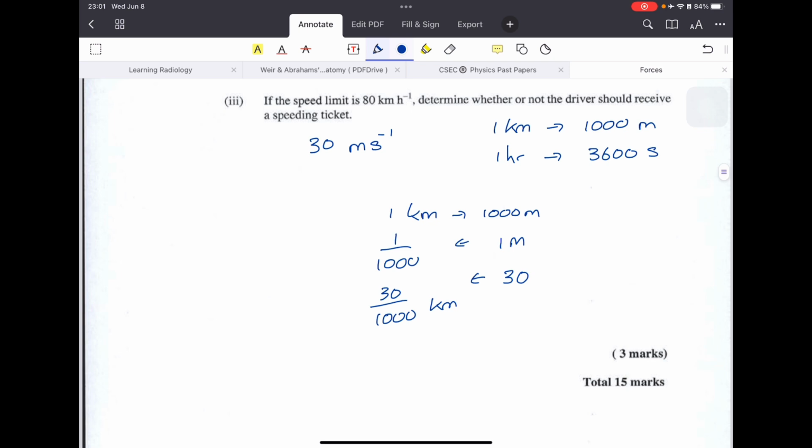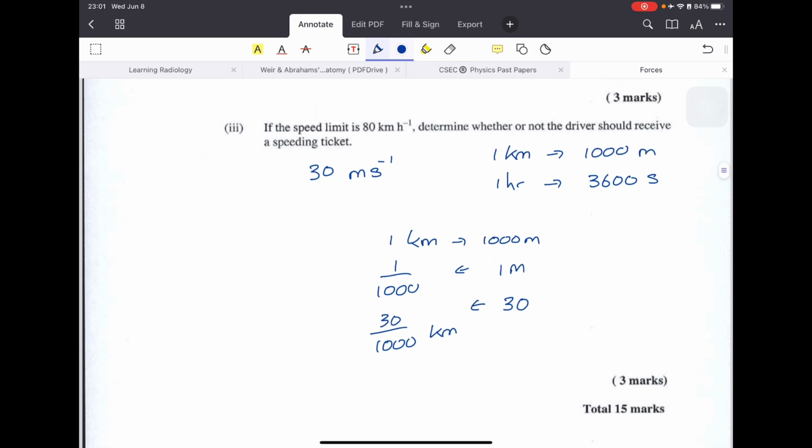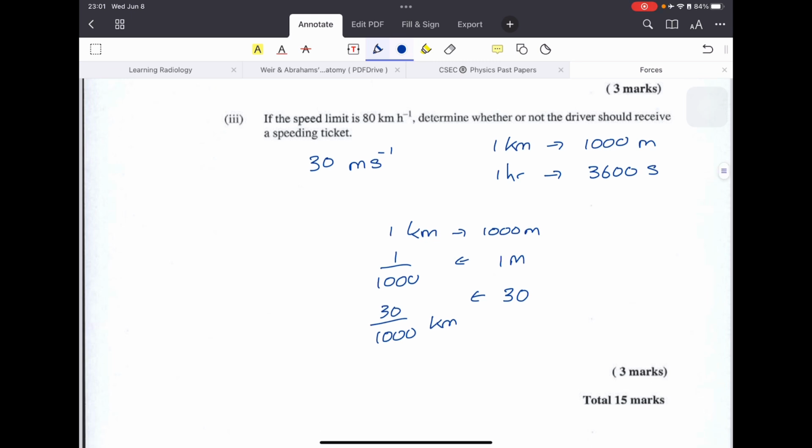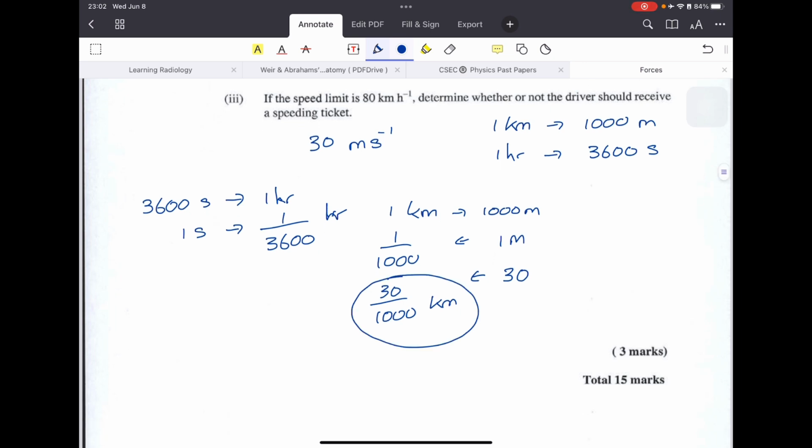The next thing now is to convert the seconds to hours, right? 3,600 seconds makes up 1 hour. So 1 second would be 1 over 3,600 hours. Alright, so what we have to do is take the distance, the kilometers, and divide it by the hour, because that's what this means. The -1 here means that we are dividing by the hour.